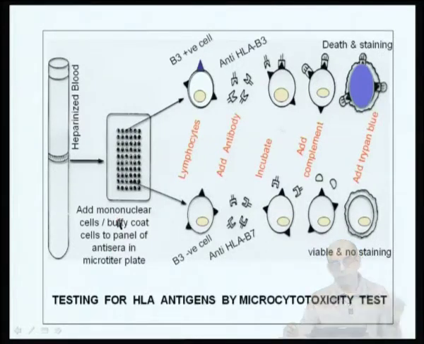If you look at this slide, one isolates the lymphocytes, the mononuclear cells, from the buffy coat of the blood that was drawn from a recipient or from a donor, by centrifuging it on what is called Ficoll. This Ficoll material enables the isolation of the mononuclear cells as a buffy coat, which comes at the junction of the Ficoll and the aqueous layer of the blood.